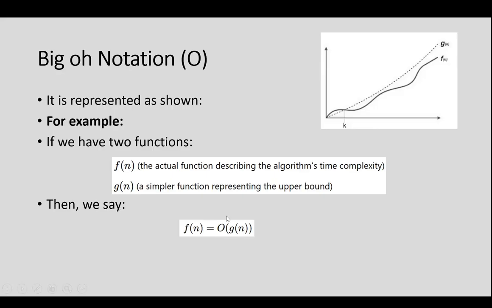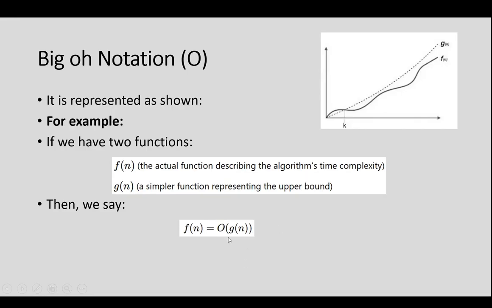Now we say f of n is equal to O of g of n. What we have to say is that Big O notation will represent the upper bound. So this is one function we are taking as the upper bound. In Big O notation, f of n should be less than that bound, whatever we are setting as g of n; it should be the higher one.